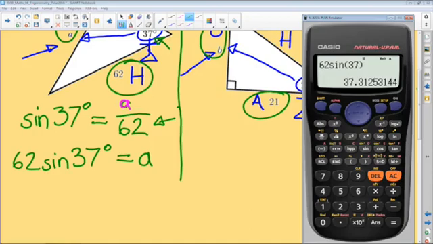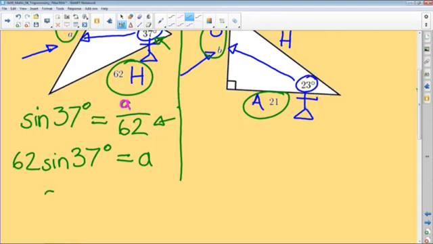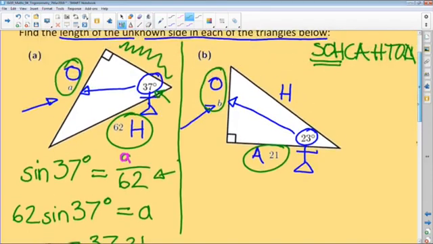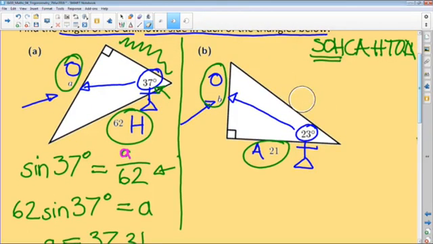We'll round it off to 37,31. So that means the length of A is 37,31.